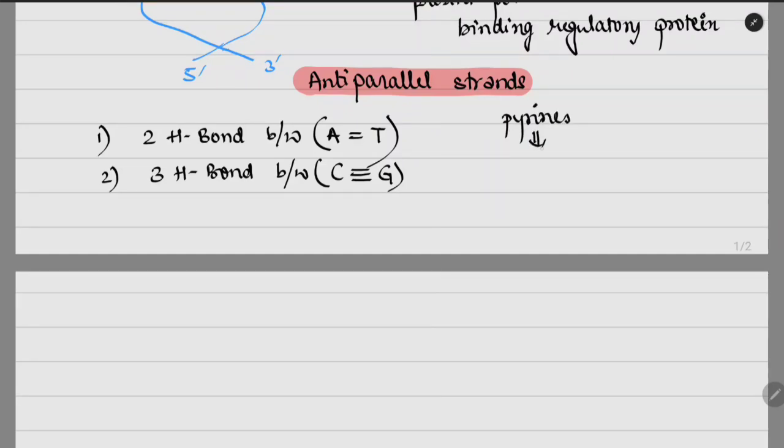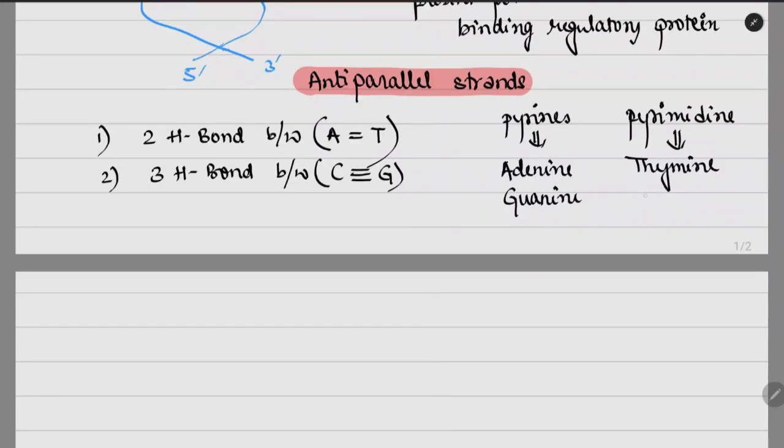You know that in nucleic acid metabolism, the purines are adenine and guanine, and the pyrimidines are thymine and cytosine. The third one, uracil, is present in RNA. We will discuss it later. So purines have adenine and guanine.